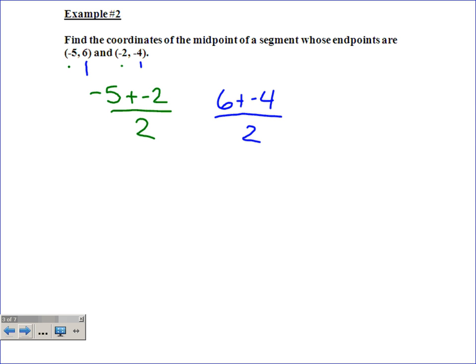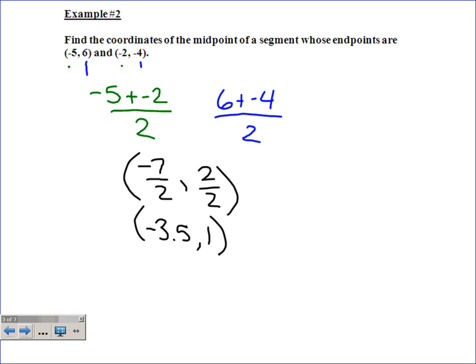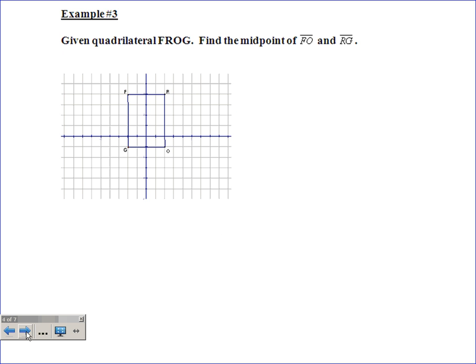When I compute this, this would be negative 7 divided by 2. Over here, this would be 2 divided by 2. And then I should probably simplify this if I can. So this would be negative 3.5, 1. How many people have negative 3.5, 1? Oh yeah, that's looking like the majority of people. Nice job, guys. That's good. I like this. It's going well.